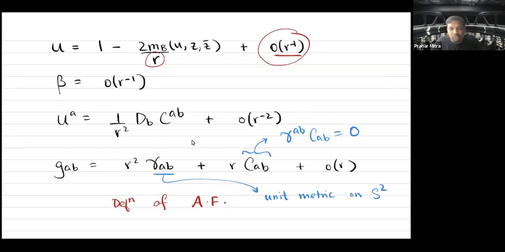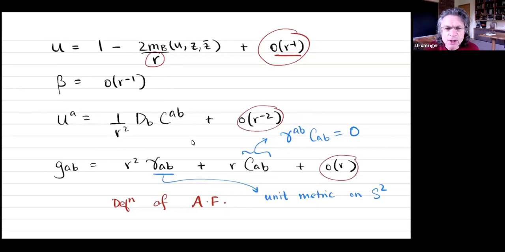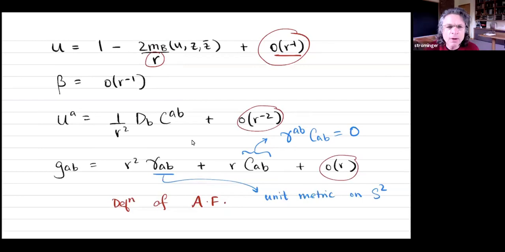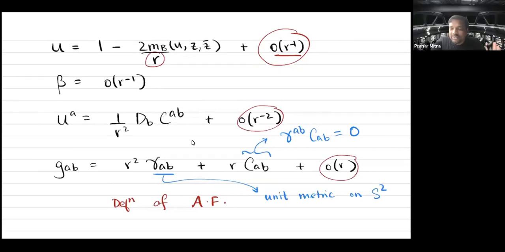But to the order that I'll be talking about today, there won't be any log terms present. But generically, there are log terms in these subleading terms over here. Maybe you meant 1 over r squared on the first line and 1 over r cubed on the third line? No, I'm using little o notation, not big O notation, just so that no one can then complain about the log terms. That's all I'm doing.